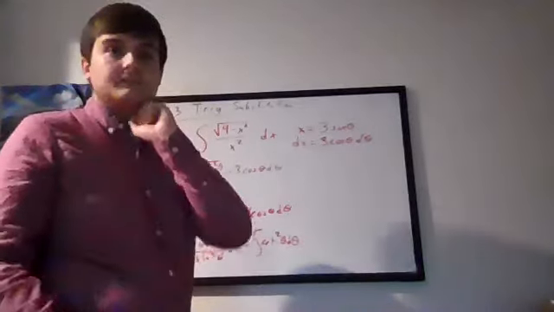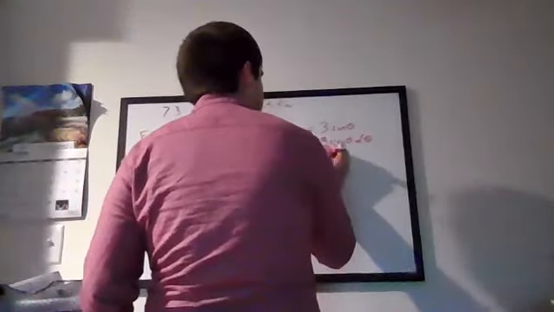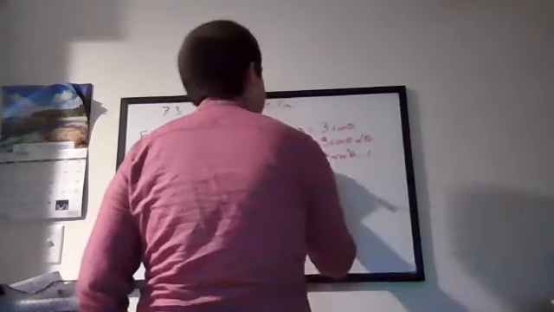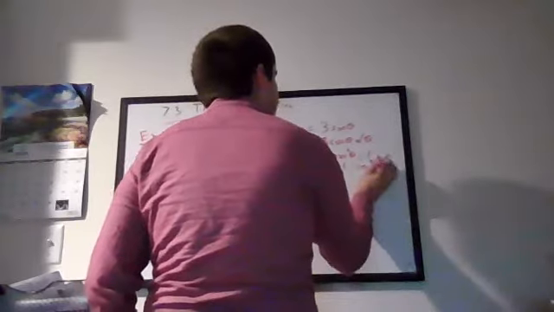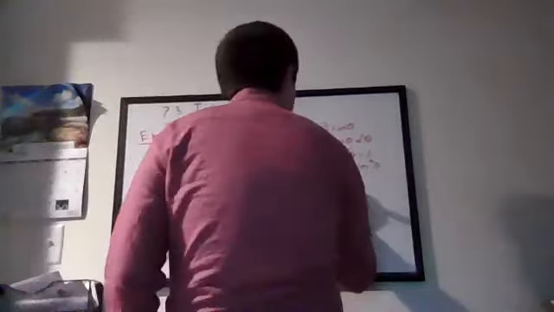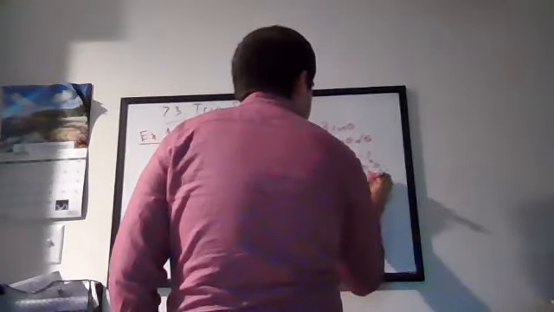So we have 3 major Pythagorean identities. The first is sine squared theta plus cosine squared theta equals 1. The second is tangent squared theta plus 1 equals secant squared theta. And the last one, which doesn't get brought up as much but is still relevant, is that 1 plus cotangent squared theta equals cosecant squared theta.